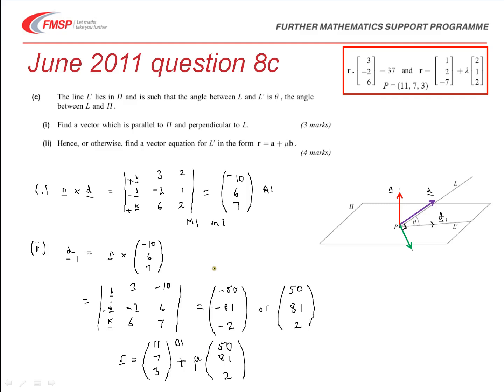And then for using a cross product to calculate the vector for B, you'll get a mark, and then an accuracy mark for obtaining the correct vector, whether it's the negative version or the positive version, it doesn't matter. And then for a full statement of the correct vector equation, you'll get a mark for the accuracy of that at the end.